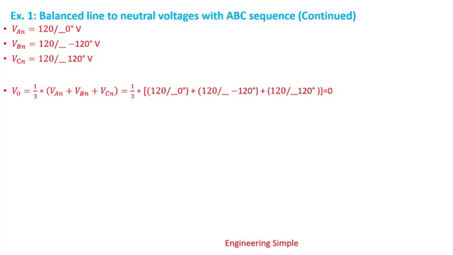So from part one on symmetrical components, I showed that the zero sequence voltage is equal to 1 over 3 times the sum of the three line to neutral voltages.